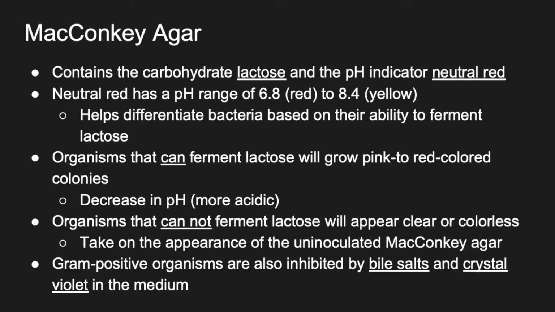No matter what, if something ferments lactose or not, it'll grow, but we'll be able to tell whether it ferments lactose based on our neutral red pH indicator. But we also know that we will not see any growth from gram-positive organisms. So the only thing that can grow on MacConkey agar is a gram-negative organism that either does ferment lactose or does not ferment lactose.